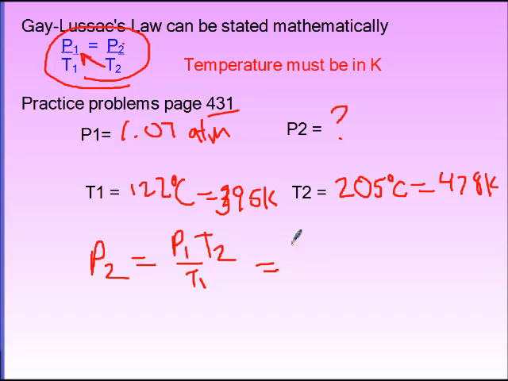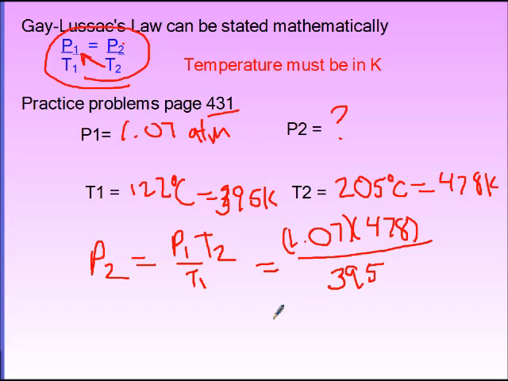Yes, it should go up also. So put my numbers in, 1.07 times T2, which is 478, divided by 395, and I get my pressure 2 of 1.29 atmospheres. And that's P2.